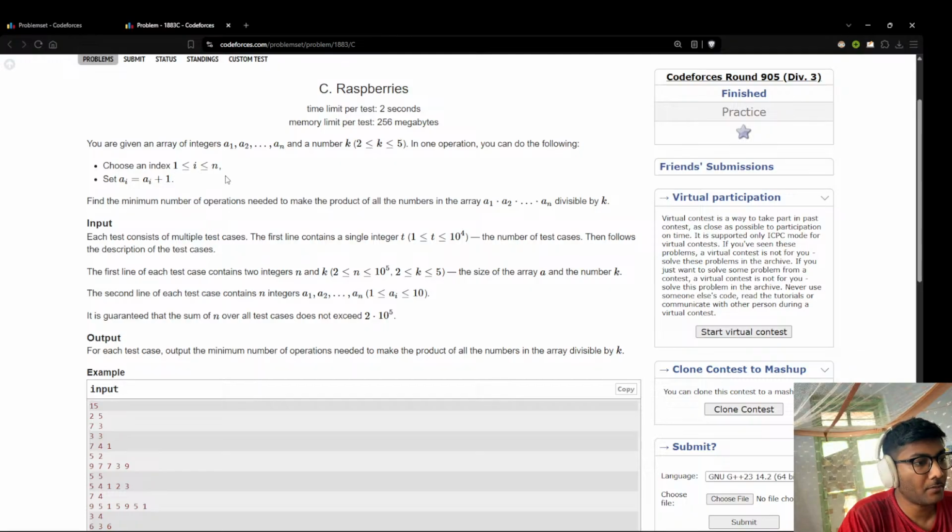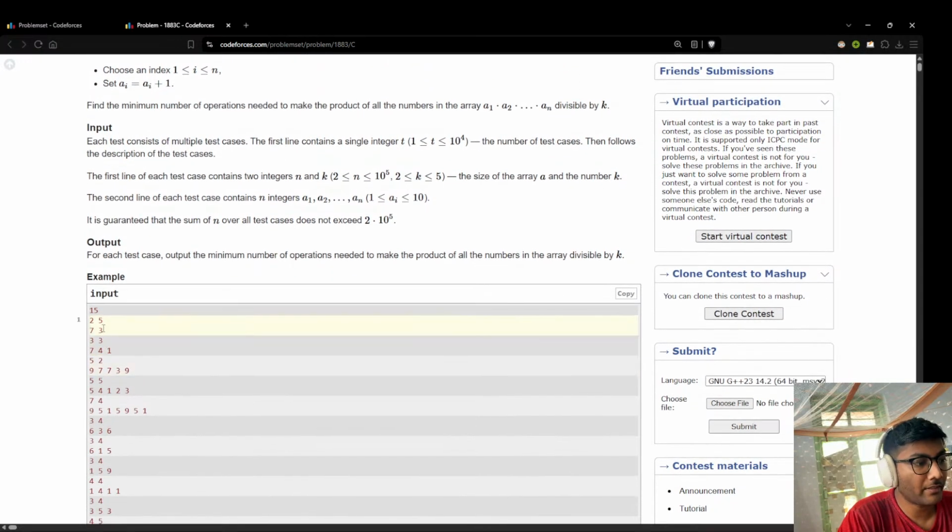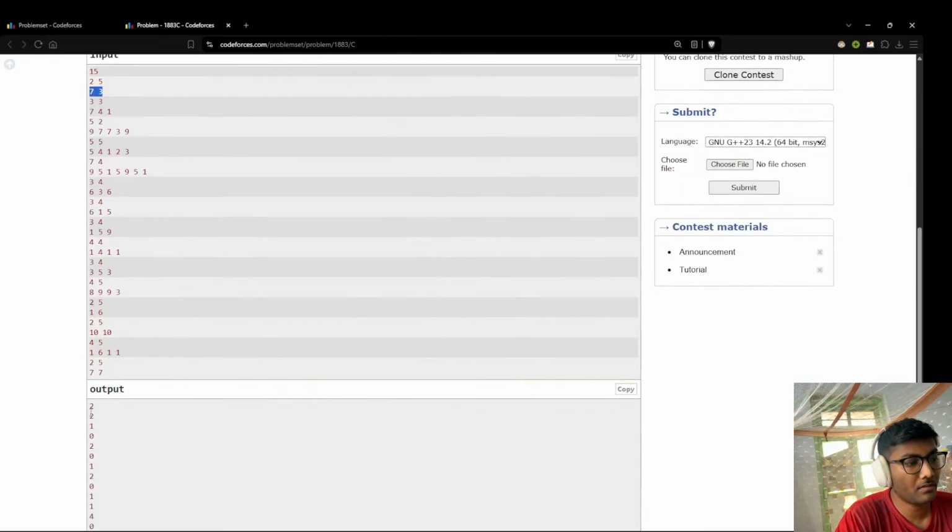Choose an index i from 1 to n. Okay, sorry. 7 times 3 is 21. I think 21 is not divisible by 5. So I have to go to 25, I guess. So 25 minus 21, that is 4.